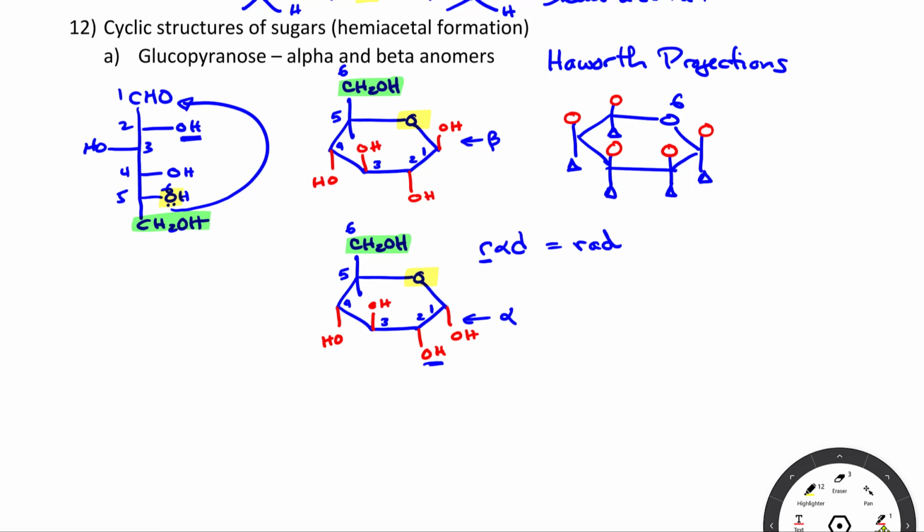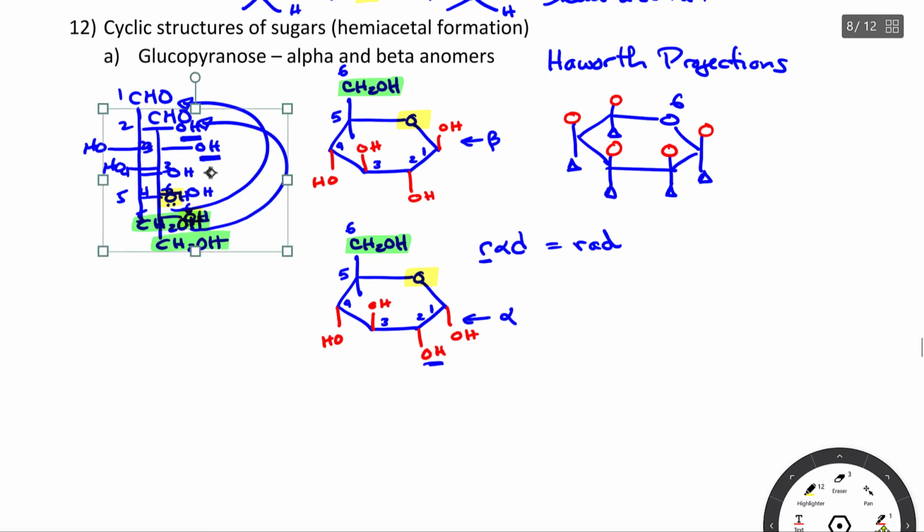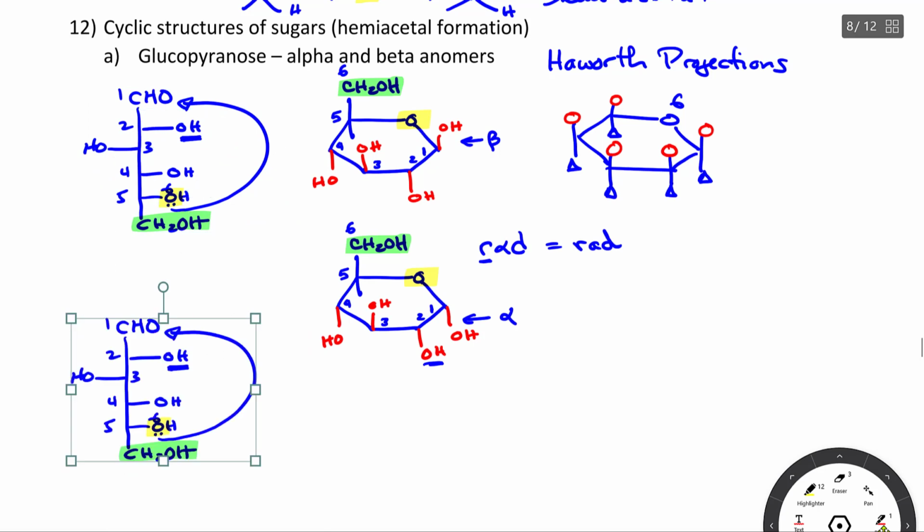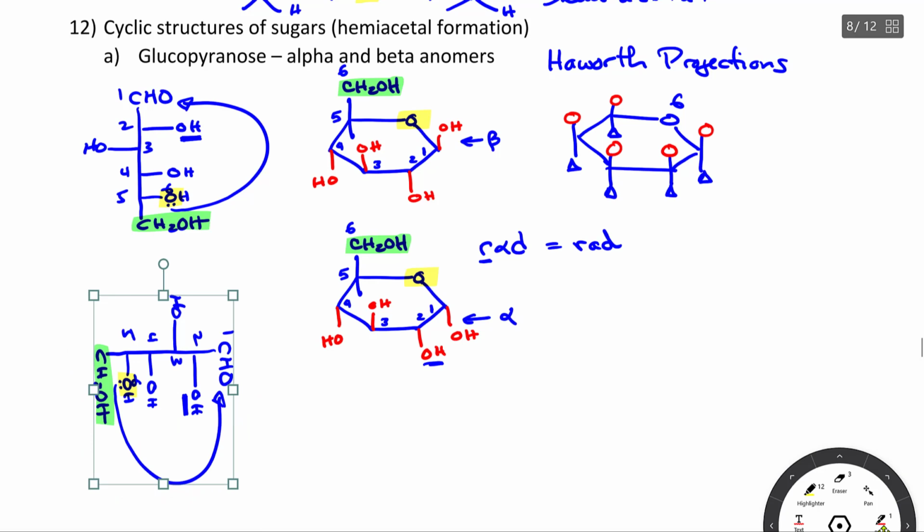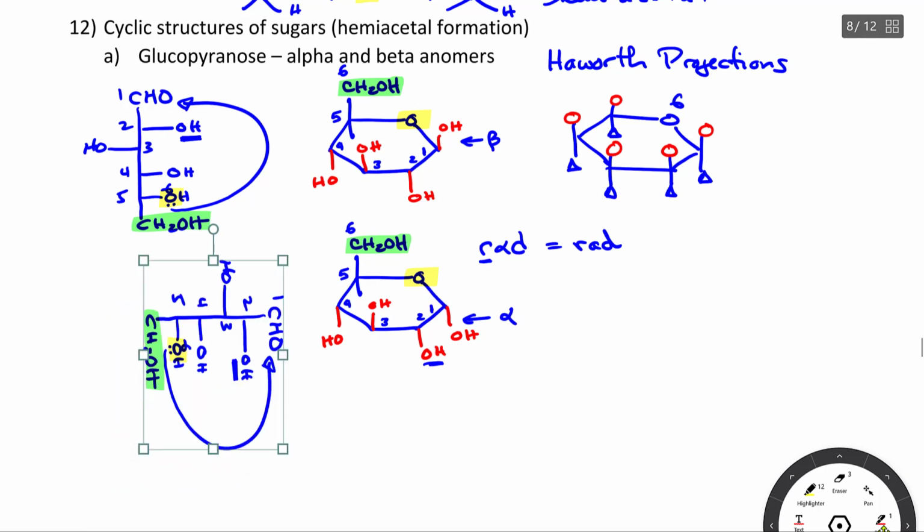Now, kind of a simple and funny way to remember this. Let me see if I can do this. If I take this structure and I turn it on its side like this, you'll notice carbons 2, 3, and 4 are in the same configuration as they were on the parent chain if you just tipped it over on its side just like this.